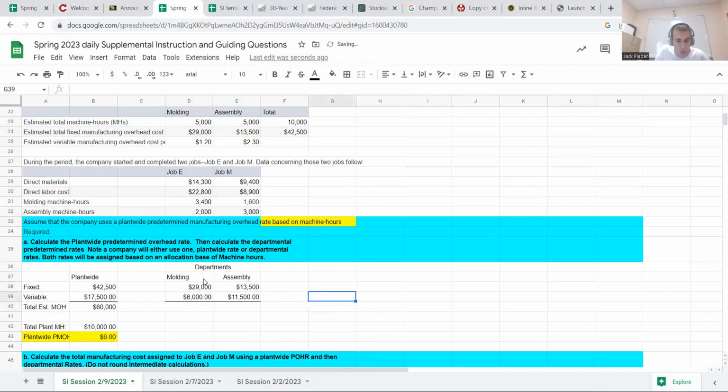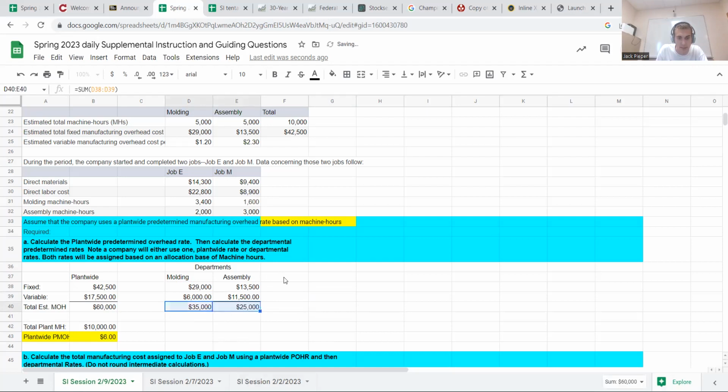Okay. So we had 29,000 fixed for molding, 13,000 fixed for assembly, 30,500 fixed for assembly, and then the variable total cost for molding was 6,000, variable total cost for assembly 11,500. Okay. Now what we can do is we can add them all up together and we can get our total estimated overhead. So total estimated for molding, 35,000.